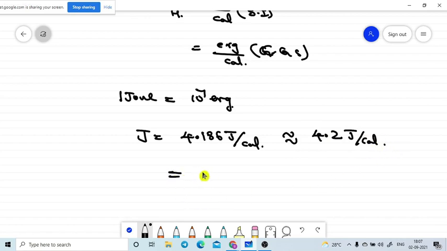In the CGS system it is 4.2 into 10 to the power of 7 erg per calorie. We need to know this value. This is a very important formula. We are going to use it while solving problems. They will give the amount of work done, and they may ask how much heat energy will be produced. They will ask questions like that.